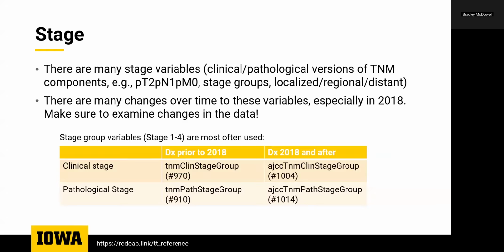It can also come from a biopsy or something like that. Pathological staging is generally considered to be most informative. So if you have the choice between using the clinical staging variable and a pathological staging variable, pathological staging is what you might go for, but it might not be available, so you have to use clinical staging instead. So that's one distinction that we'll make right off the bat.